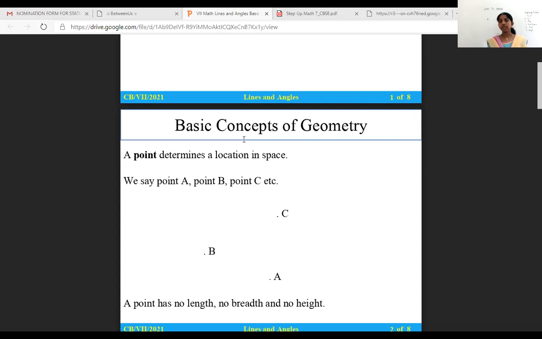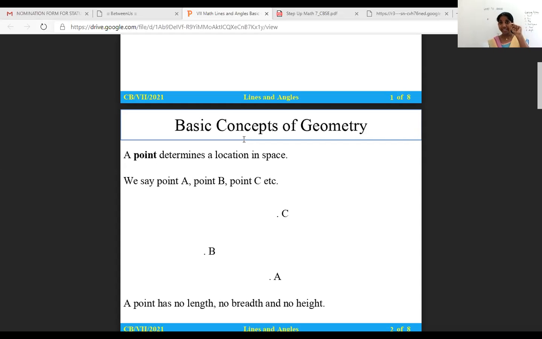No. A point does not have length or thickness, which means it does not have a height or a breadth. So this is just a point.